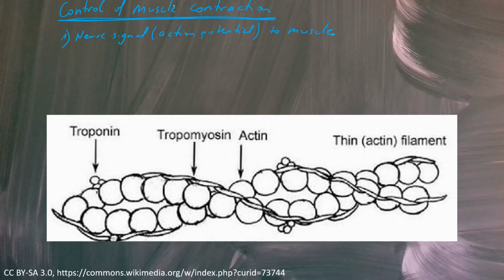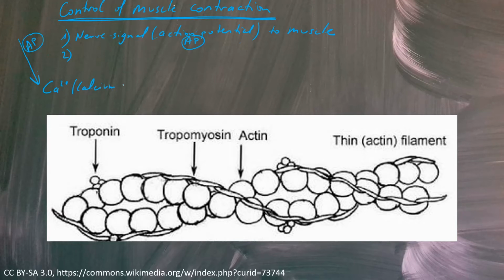What happens now is the following. AP stands for action potential, so that you know what this means. That's the nerve signal, and this action potential arrives at the muscle and causes a release of calcium ions, Ca2+.